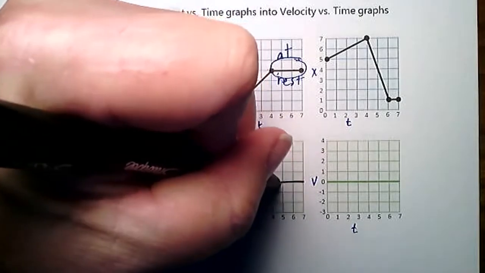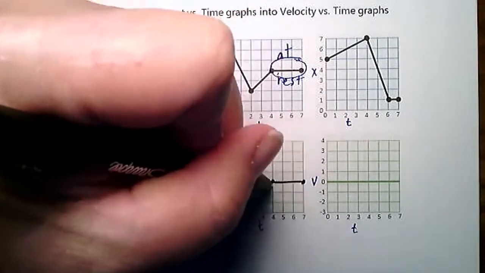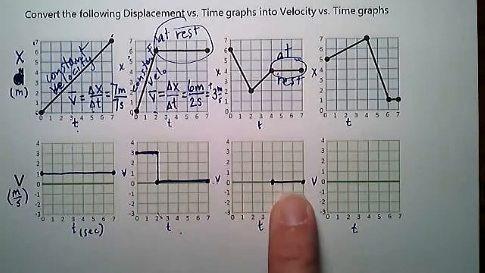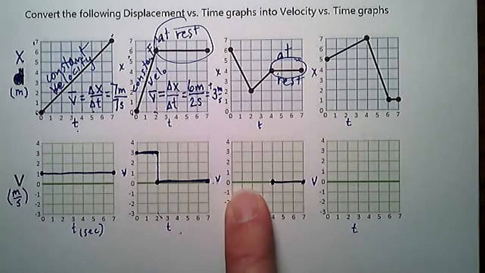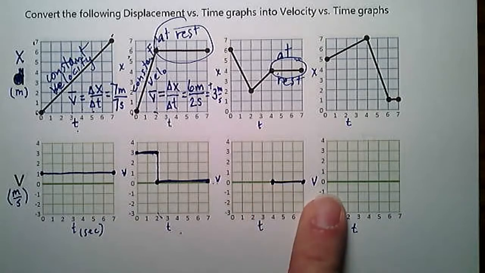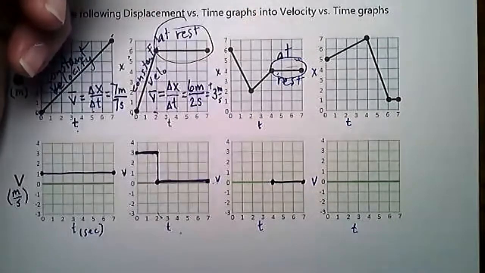So from second 4 all the way to second 7, this line is going to be right on the 0 axis. It's basically my speed is going to be 0 that whole time, because my displacement here did not change.